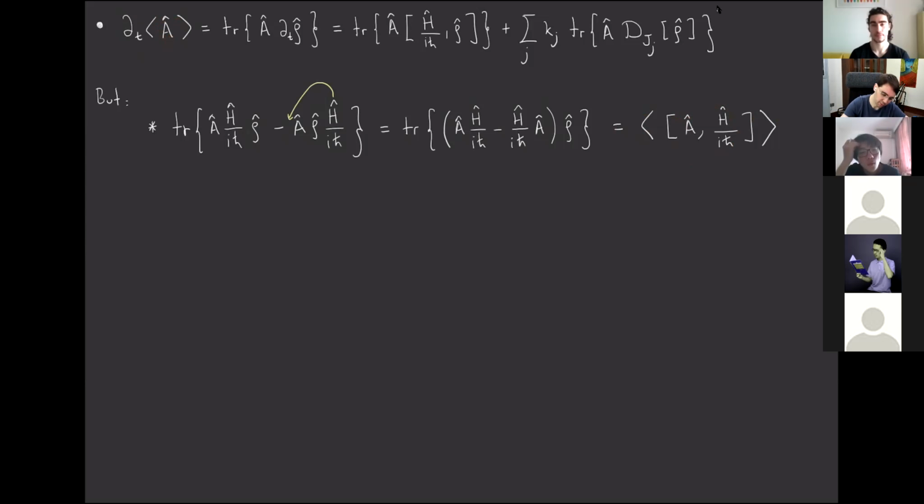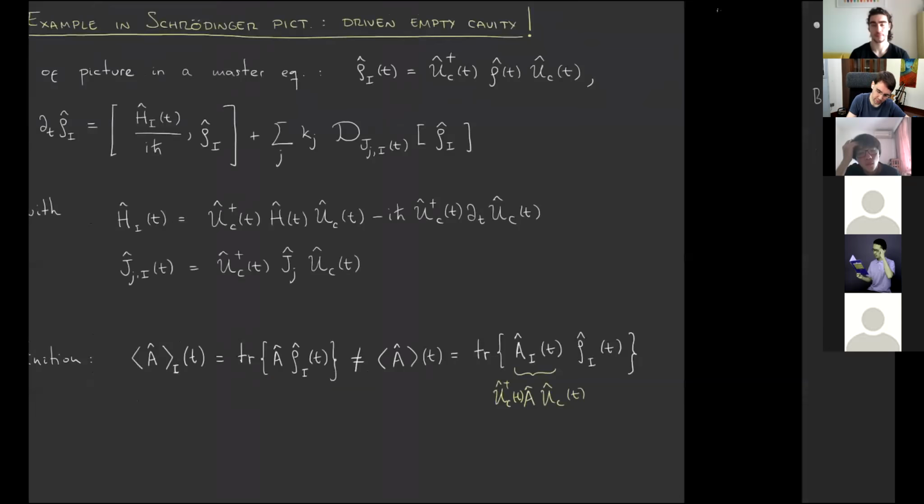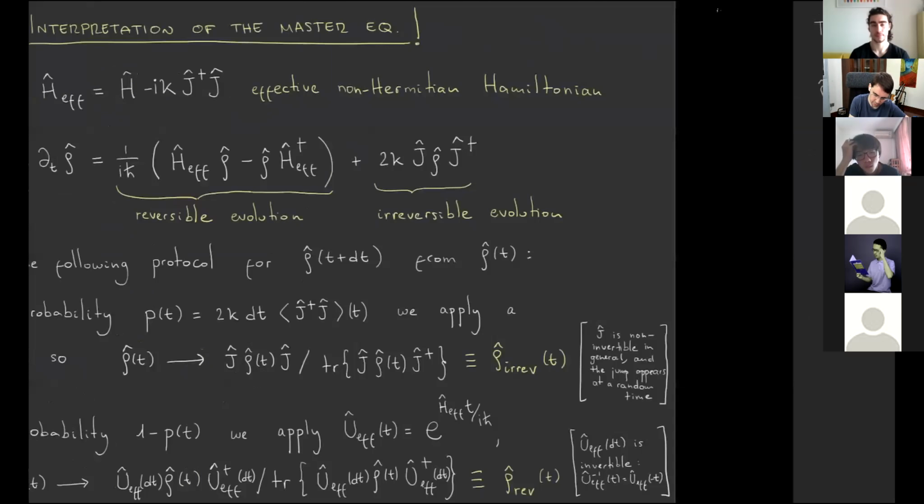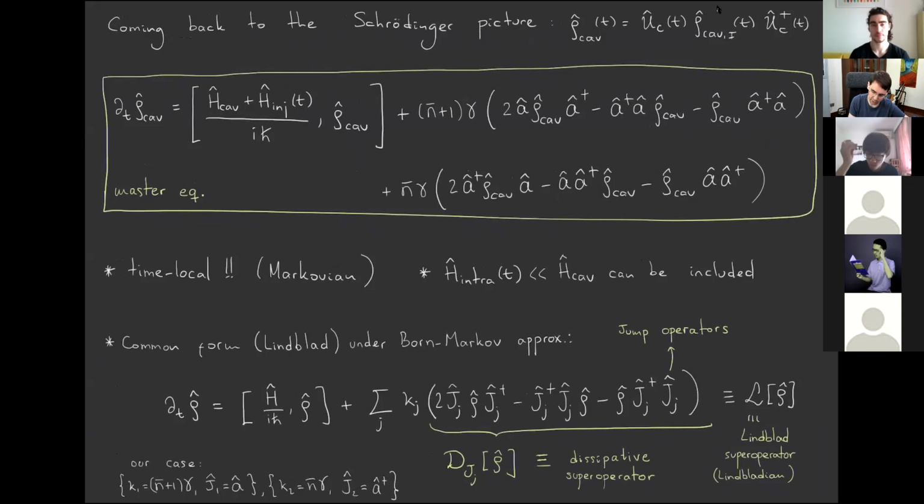So now come the other parts. For example, remember that this dissipator has, let me show you again, this kind of terms. So let me take this term, J rho J dagger minus J dagger J rho. That's the first term I am going to take.